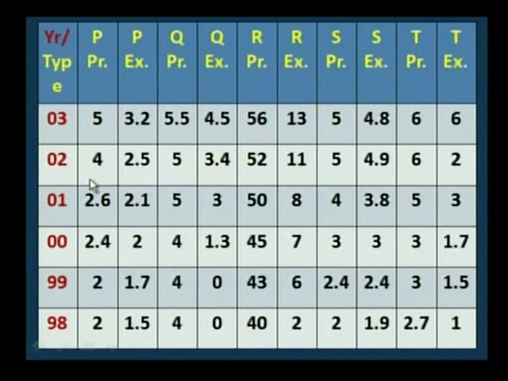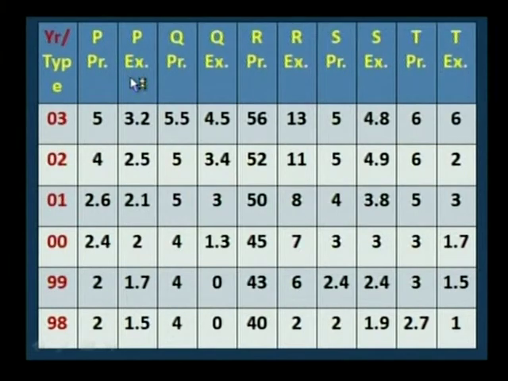So, you have 2003, 2002, 2001, 2000, 99, 98, 1999 and 1998, and here this is type P scooter. The different types of scooters we are naming as P, Q, R, S, T. So, for type P scooter, the first column speaks about number produced and the second one is number exported.